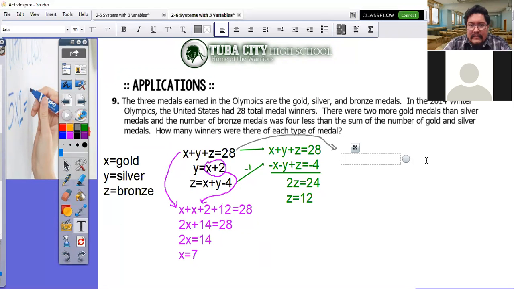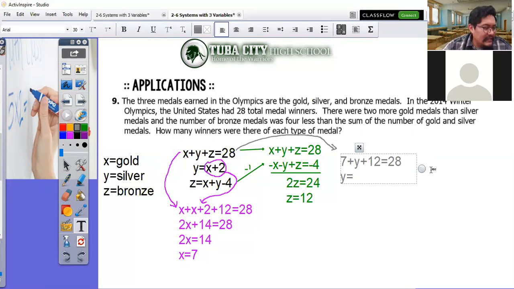Let's say x is 7 plus y plus z, 12, equals 28. And this might be easy, because 7 and 12 would be 19.